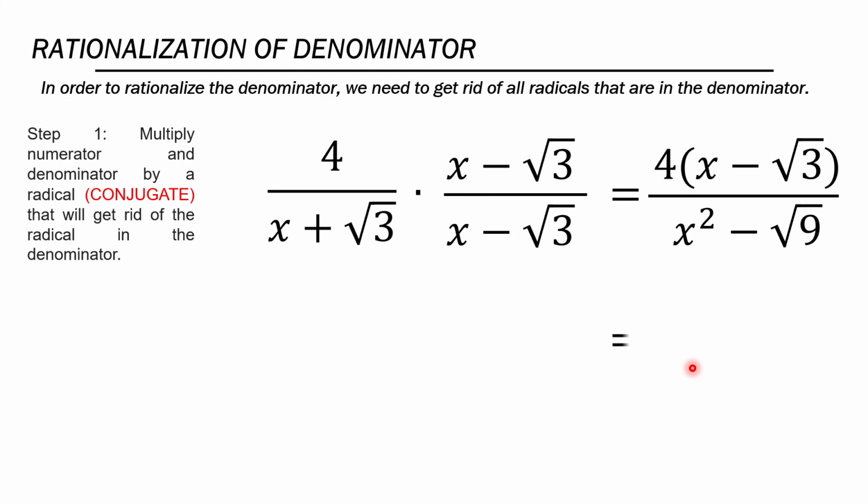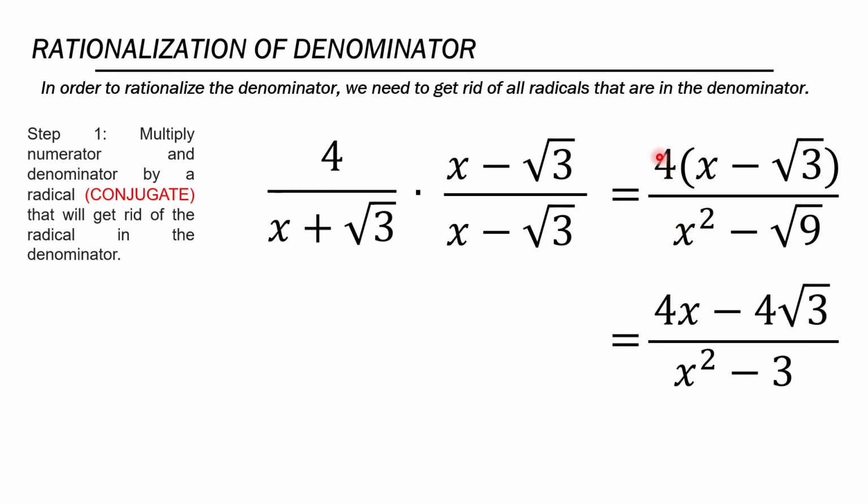So equal to, okay, x squared minus square root of 9, that is 3. Then, you have copy that one. You can distribute. Pwede mong i-distribute yan to multiply like this. Okay, 4 times x. So you have 4x. And you have 4 times square root of 3. So you have 4 square root of 3.